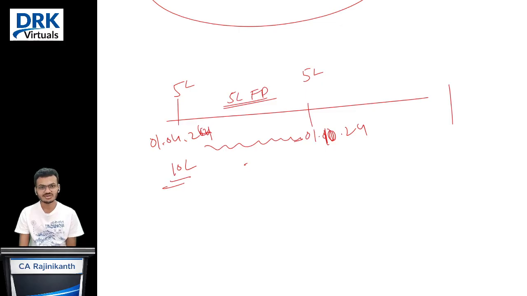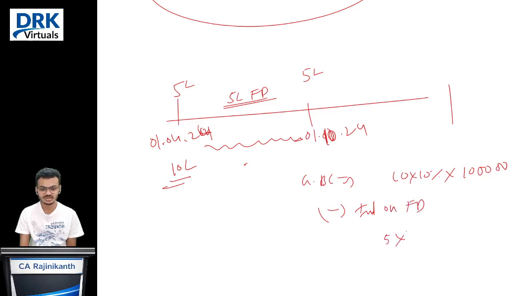So now how to deal with this? The standard is saying first calculate the gross borrowing cost. How much is it? 10 lakh into, let's assume it is 10%. You will get 1 lakh, correct? From that, reduce interest on fixed deposit. It is 5 lakh into, let's assume this is also 10% for convenience. This is 6 months, correct? So how much is it? 5 lakh into 10%, 50,000, so 25,000. So this 75,000 you capitalize.